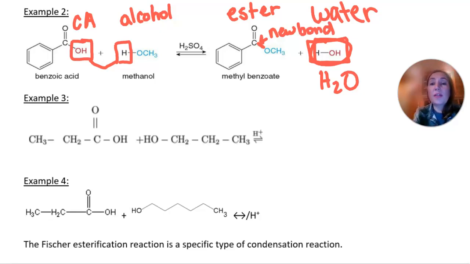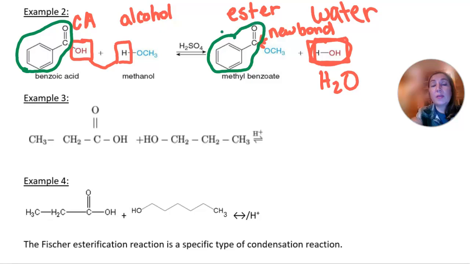So that's our new bond. It's the bond from that C, double bonded to an O on the benzene ring, to the O in OCH3. Just to review here, benzoic acid's benzene ring and C double bond O are the ones that carry over into the ester. Methanol's OCH3 carries over into the ester. Methanol's H gets together with benzoic acid's OH to make water.